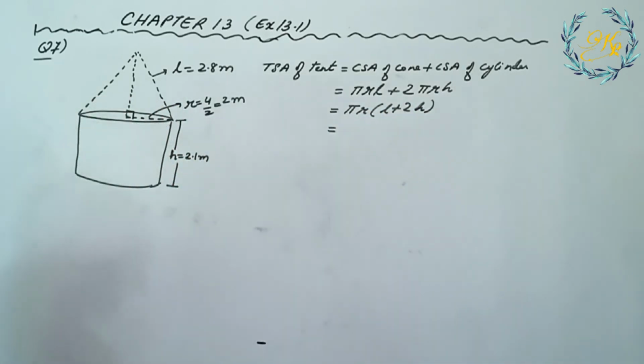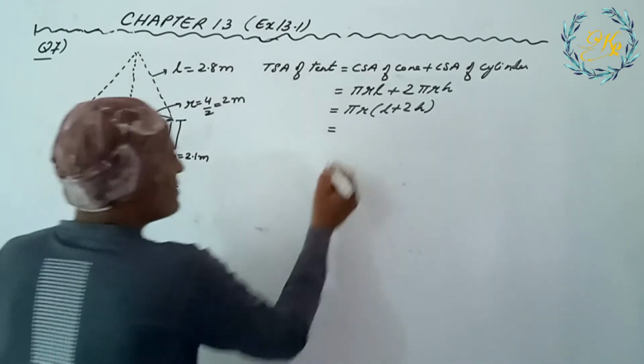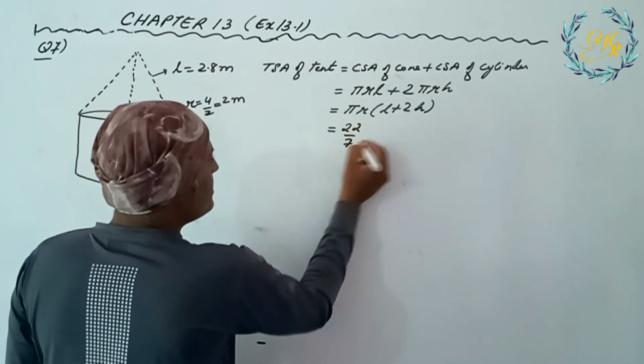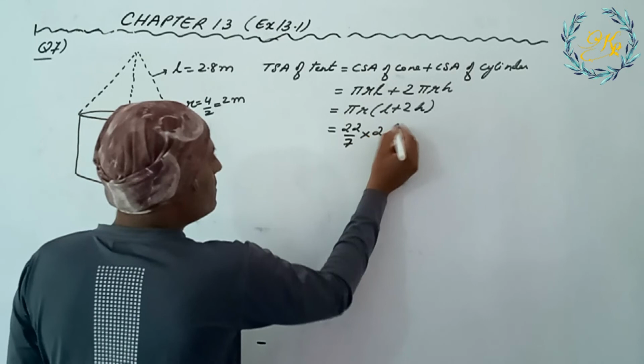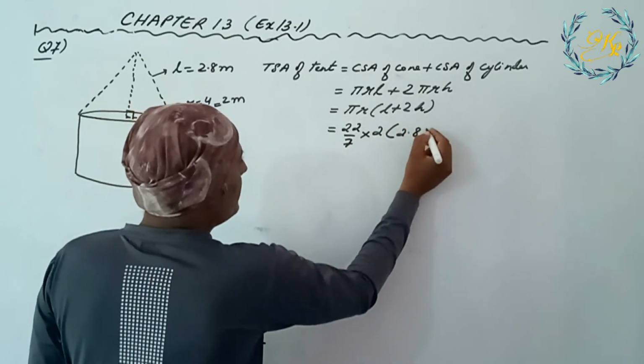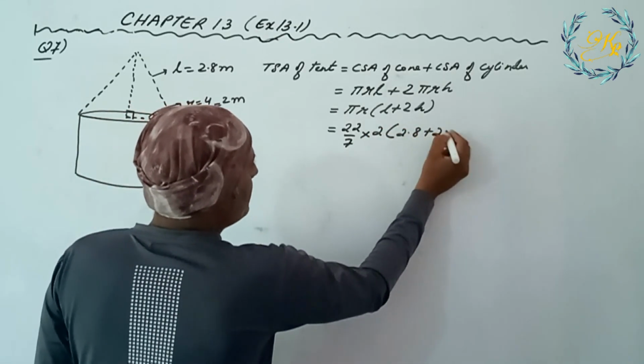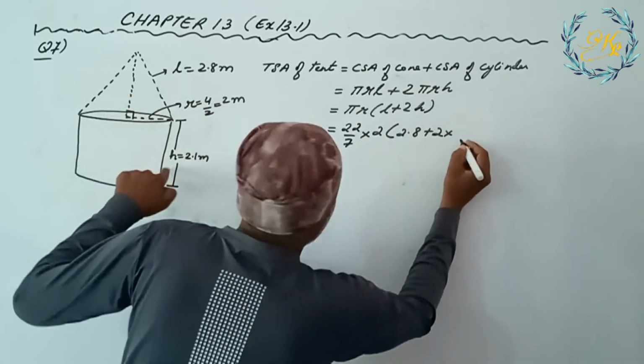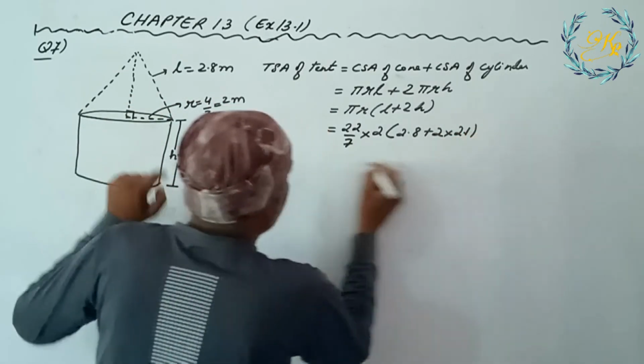As the value of pi is not given to us in the question, we are not going to take the value as 3.14. We will take the value as 22 upon 7 into the radius is 2, slant height is 2.8 plus 2 into the height of the cylinder, as you can see, is 2.1.